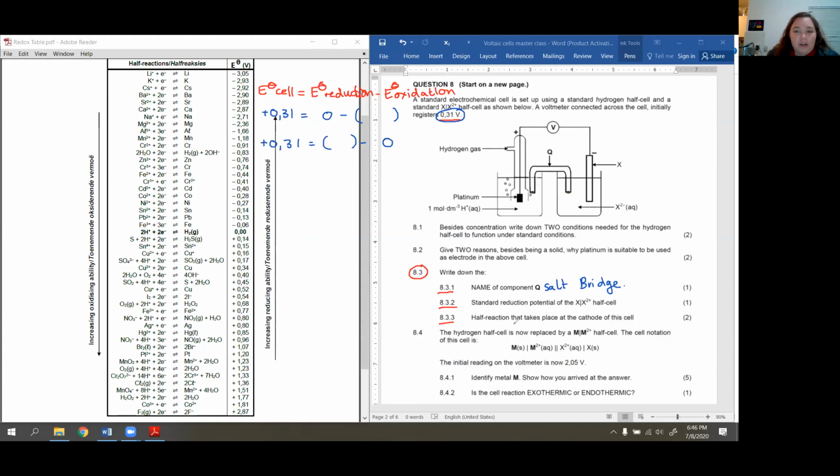If we look at this, the standard reduction potential of the half cell, I'm going to presume here that for me to get a positive, it could either have been negative 0.31. Okay. In fact, we were told additional information. We were told that that was positive, and we were told that that was negative.